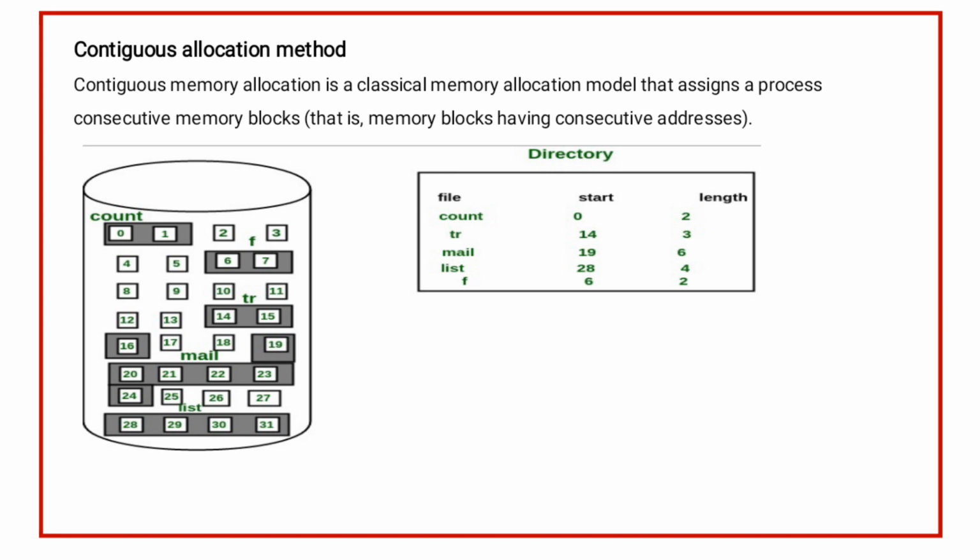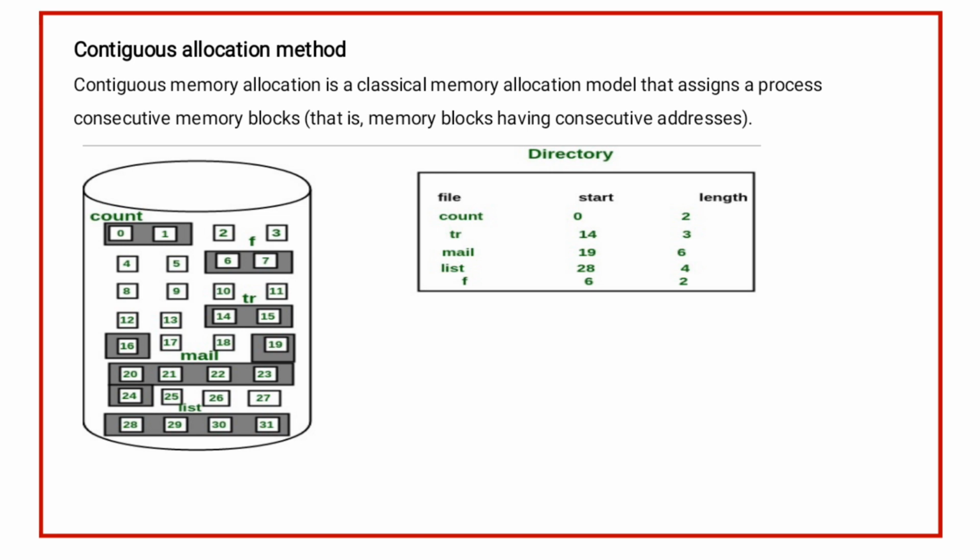Now see, the figure shows a file starting from block 19 with length equal to 6 blocks. Therefore, it occupies blocks 19, 20, 21, 22, 23, 24.